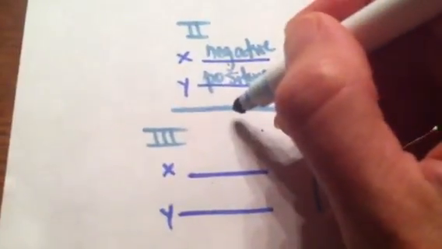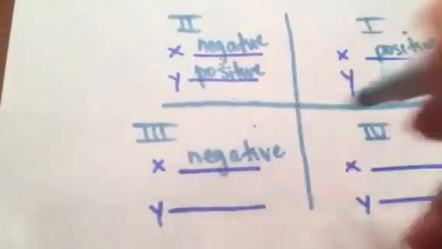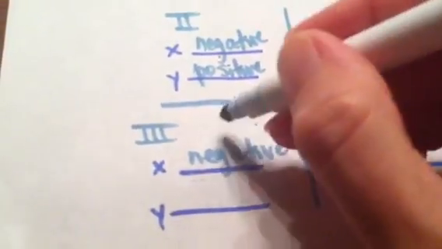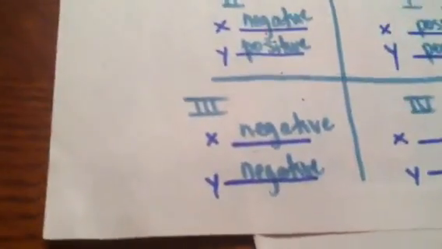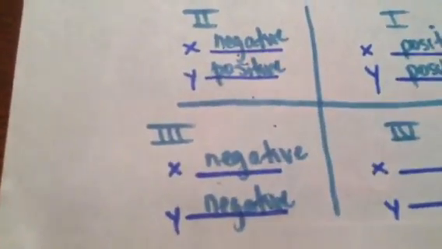So if you're in the third quadrant, notice to get to the third quadrant, I'm having to go left to get to my X's. This is your X-axis. If I go left, I'm going to negative values. So my X would be negative. And then if I would go down, my Y values would also be negative. Every point in the third quadrant, both the X and the Y value would be negative.